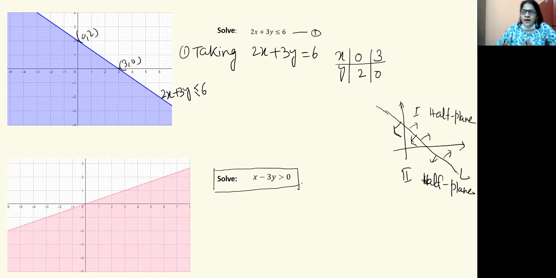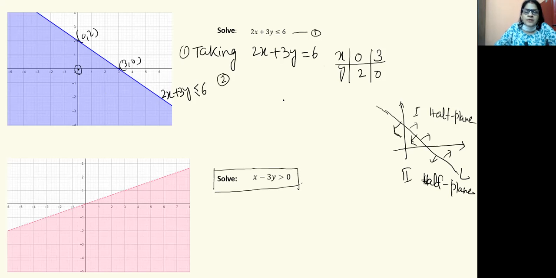We have drawn the graph and we saw the line is not passing through origin. Second step is how to check whether the portion will be towards origin or away from origin. When the line doesn't pass through origin, we will take origin as the landmark.